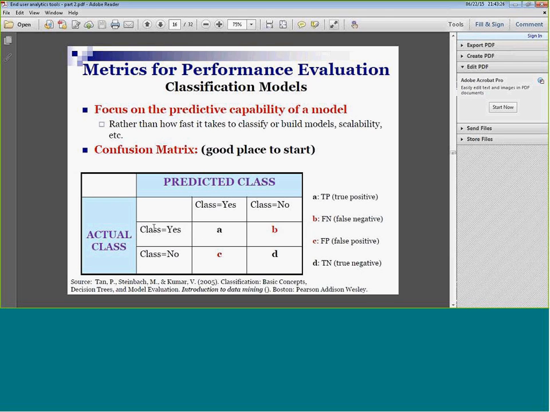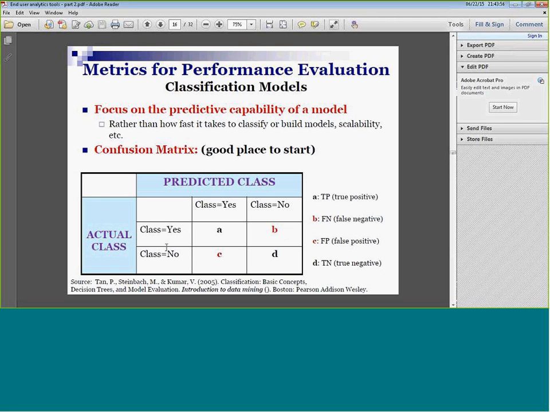When it actually was a yes, but the model predicted no, that is what we call a false negative. The model says, no, this person did not leave the company. We say, well, they did. You got it wrong. So you said no, negative, and it turns out they did leave. So that's a false negative. Same thing for the no's. We got some customers who did not leave the firm, let's say, and the model predicts they did not leave. That's square D. That's correct.